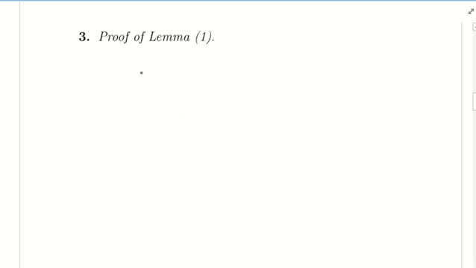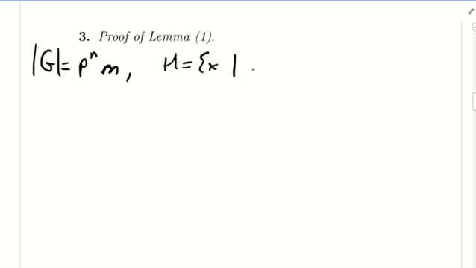All right, so of course G has order p to the n times m, and H is the set given by all elements in G with the property that x to the p to the n is equal to the identity.